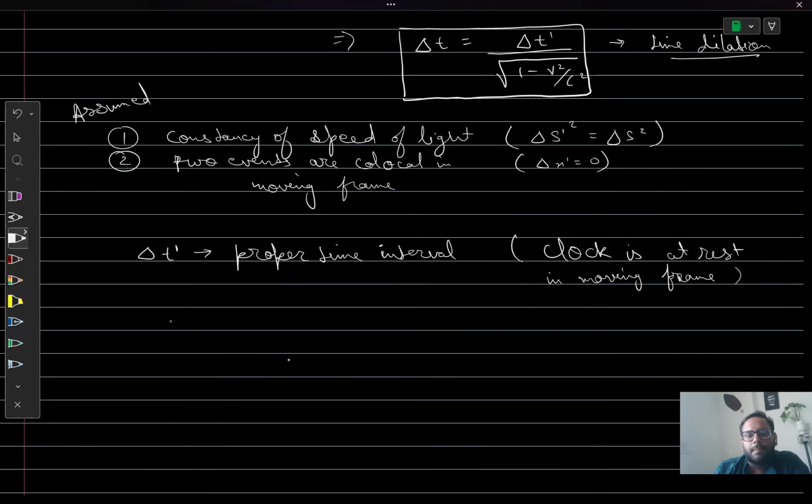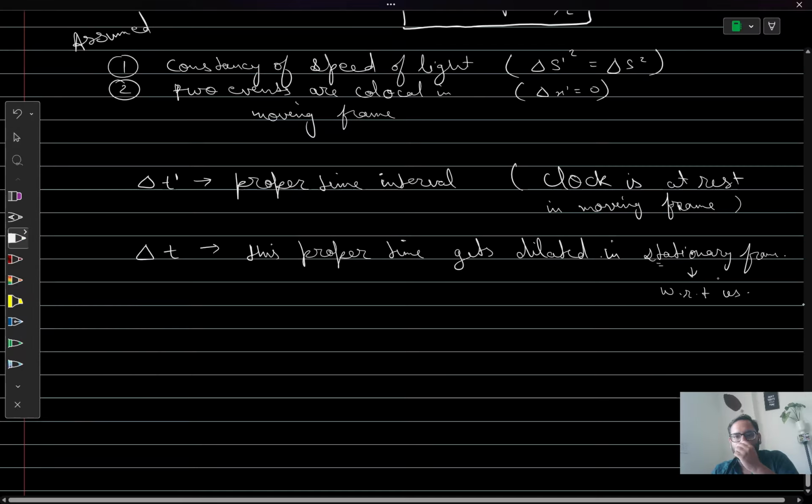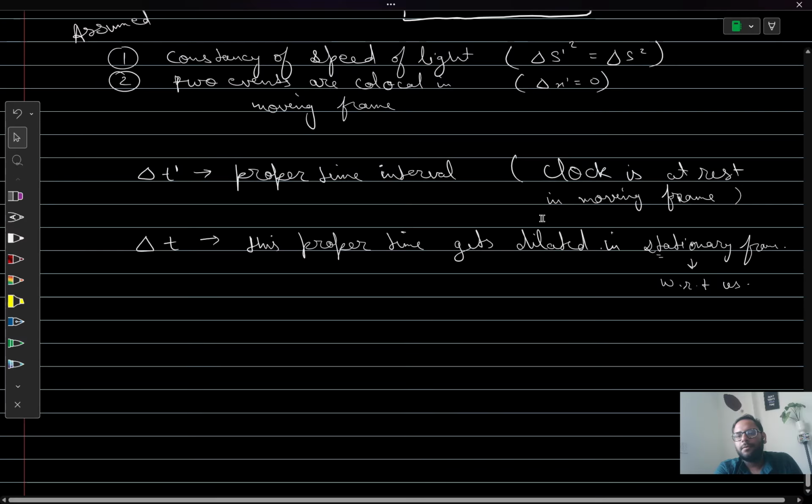But you will see that this proper time gets dilated in the stationary frame. This stationary frame is with respect to us: suppose we are the observer observing these events from the stationary frame.